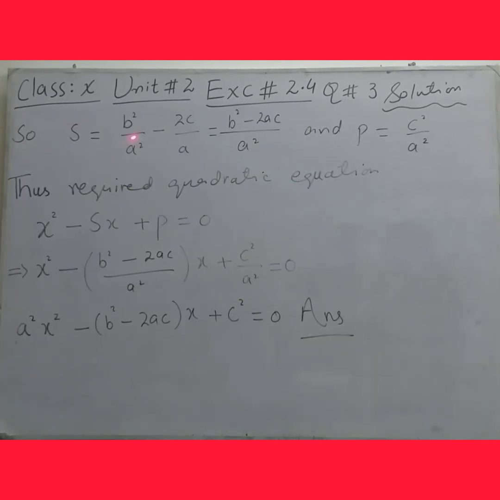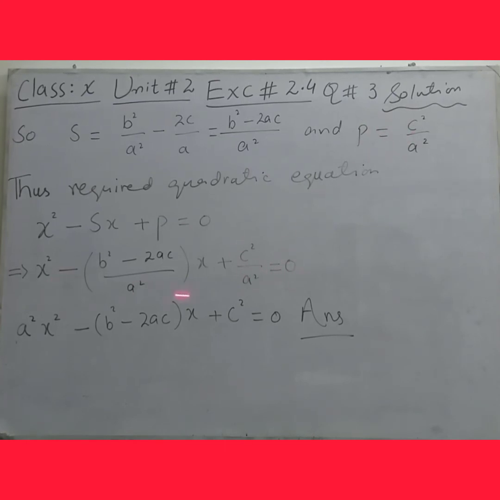Now further, s can be written, by taking its LCM, as b square minus 2ac divided by a square, and p as it is, that is c square by a square. Thus the required quadratic equation, which was x square minus sx plus p is equal to 0, implies, putting the values of s and p, x square minus the value of s, b square minus 2ac divided by a square, times x, plus the value of p, c square by a square, equal to 0.